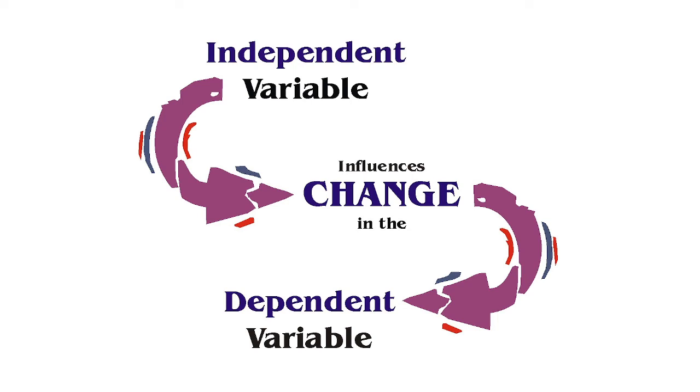So, kung halimbawa, ang independent variable natin ay, say, temperature. Okay? Or sabihin natin water temperature. Kung binago-bago mo ang water temperature, ano kaya ang mangyayari sa growth of, let's say, tilapia?